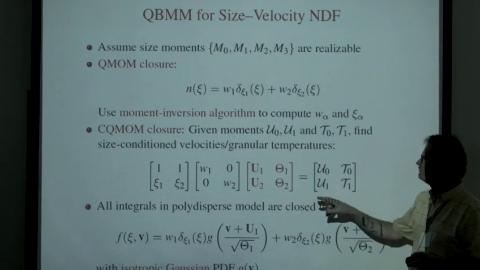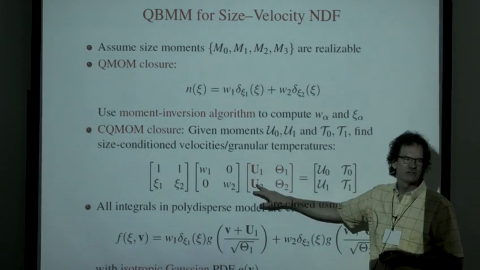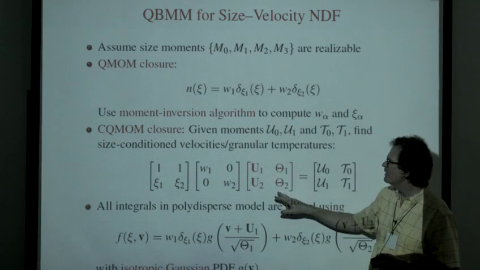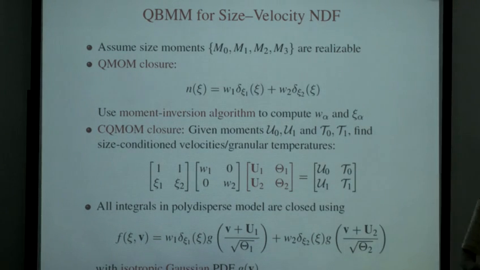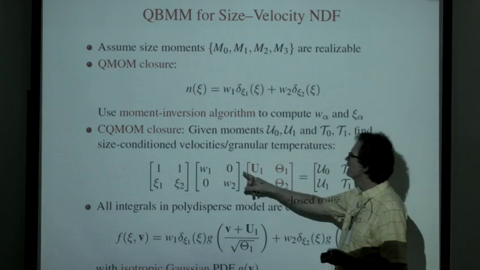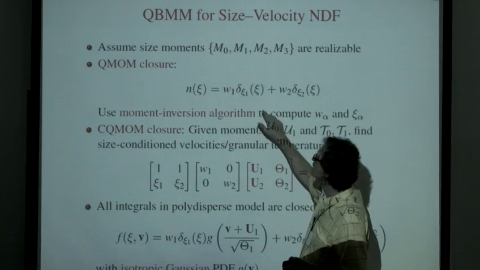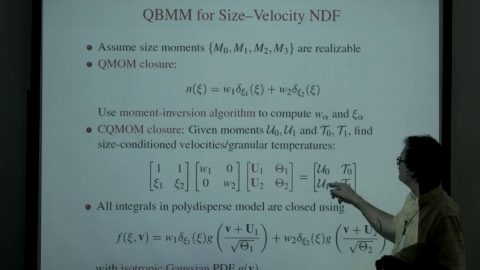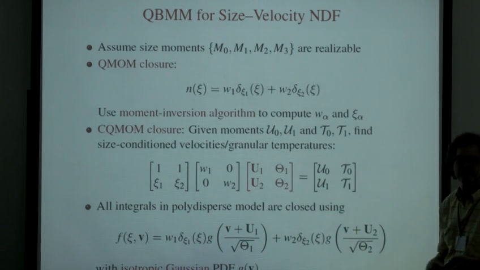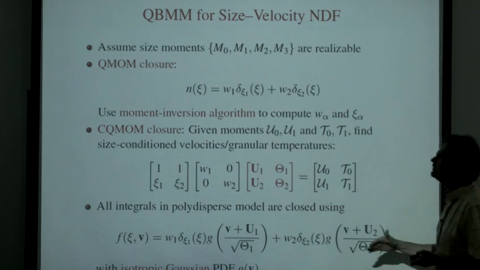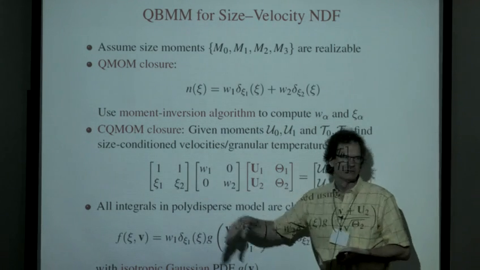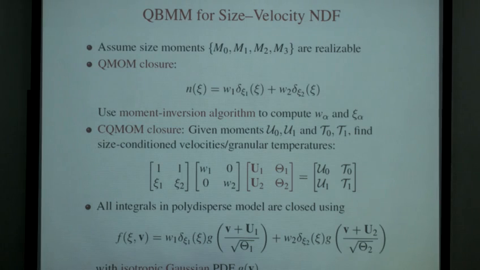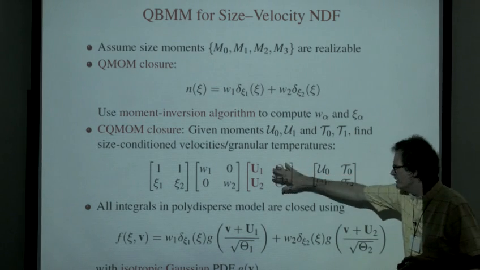And you want to know their velocity for size 1, velocity for size 2, and granular temperature for size 1 and size 2. If it's a system of delta functions, you can write it as a linear system that looks like this. These weights are now known because they came from the first step, and they're never 0. And so you can invert this and you can get U1 and U2. So it's well behaved. Because you use quadrature, you're guaranteed that the system is invertible. So that's where we get the non-script ones.